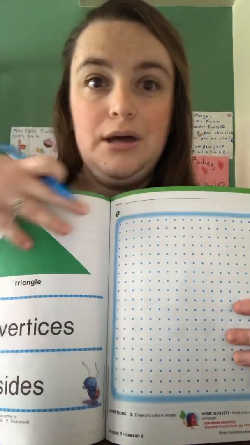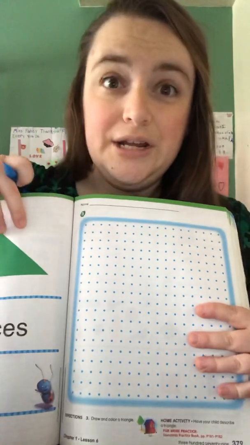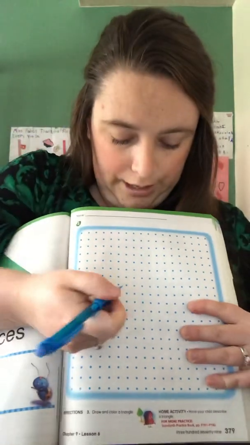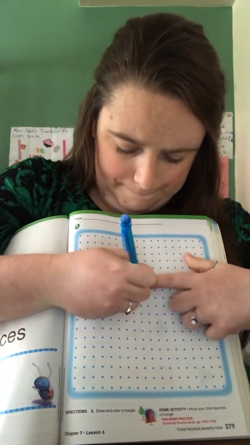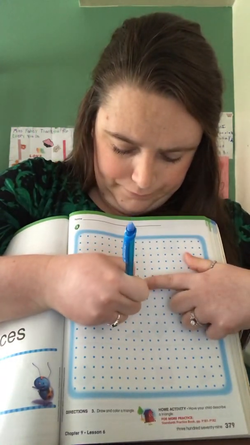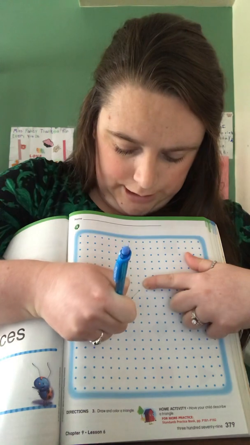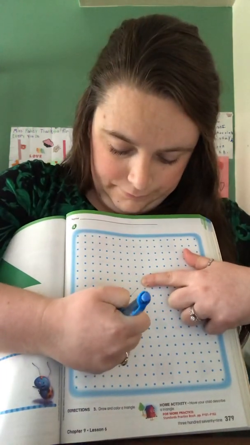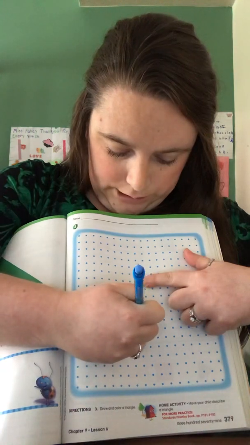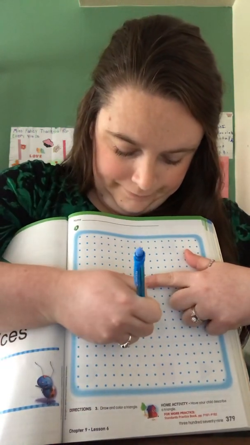So I'm going to use my pencil. I'm going to try to do this upside down. I'm going to pick any dot to start at. I like this dot. And let's see. I'm going to trace down my dots. I have one side. I'm going to trace across.